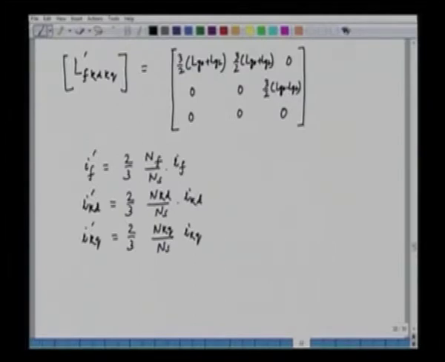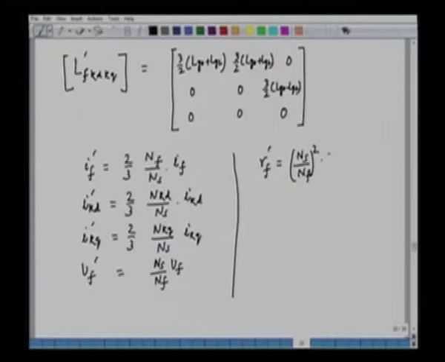Similarly, we can also have the expressions for the resistance. The voltage Vf referred from the primary side is given as the actual Vf into Ns by Nf. For the parameters, the referred resistance Rf prime is given as (Ns by Nf) whole square into the actual resistance, multiplied by a factor of 3 by 2.